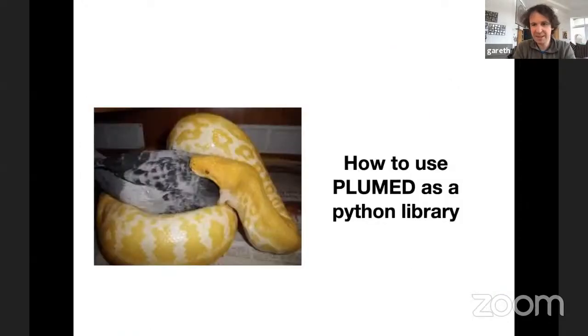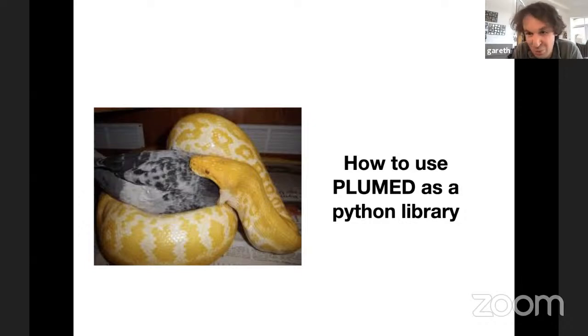The first thing that you're going to see in the exercises is how to use Plumed as if it's just a Python library. I think this is really useful. It's a nice little feature. I like working with Python notebooks a lot, so I think the ability to call Plumed and get those results into a Python readable format is a really nice thing.